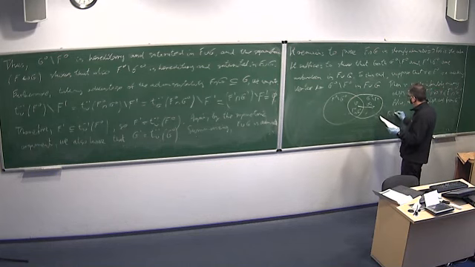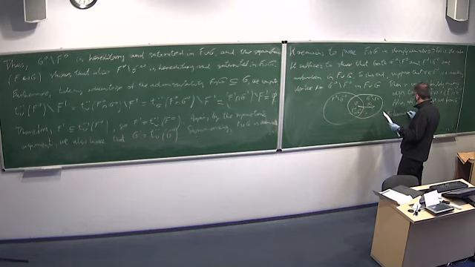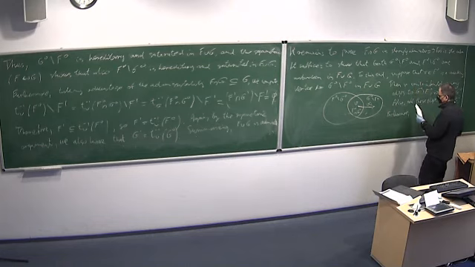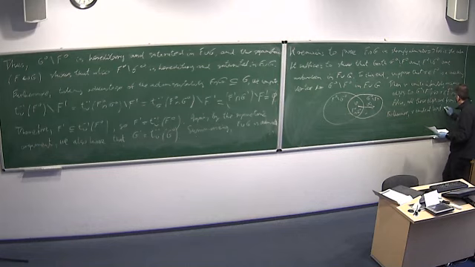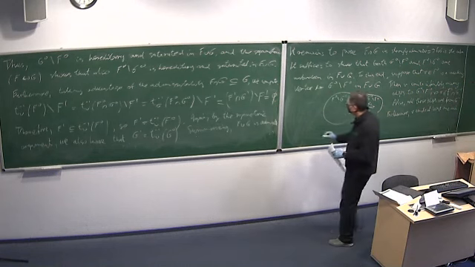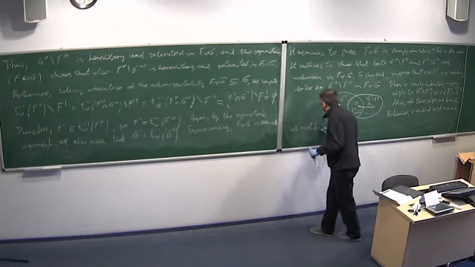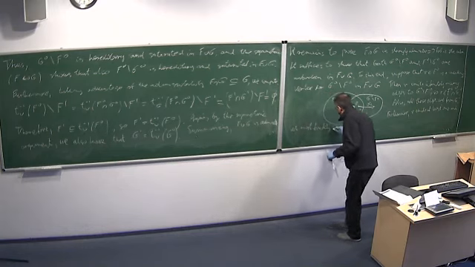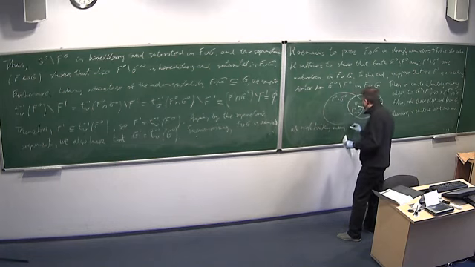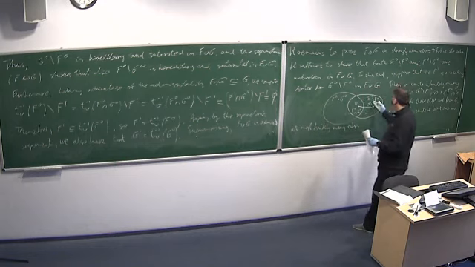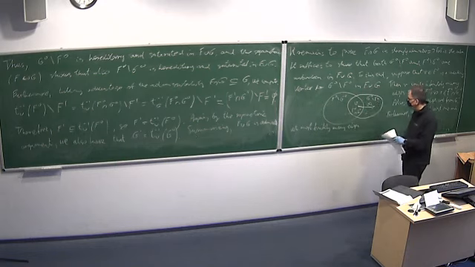Furthermore, V emits at least one and at most finitely many edges ending beyond G naught less F naught, which means in F naught.